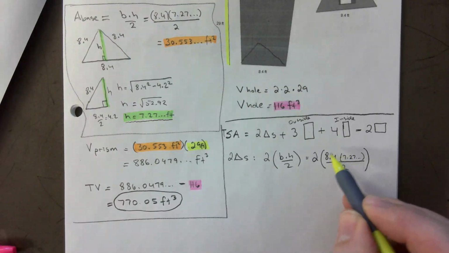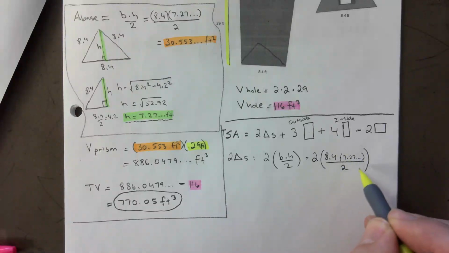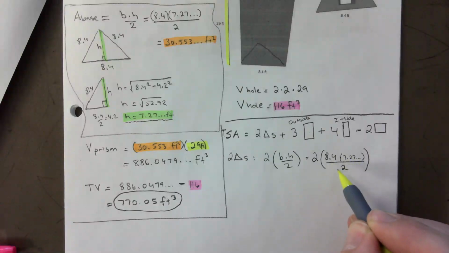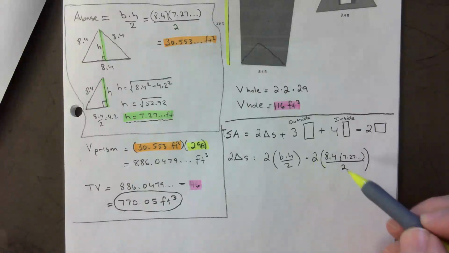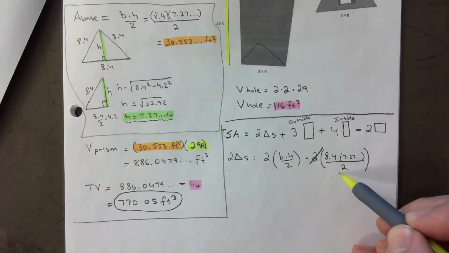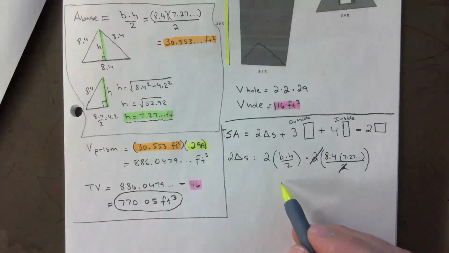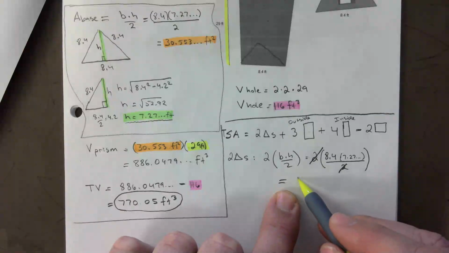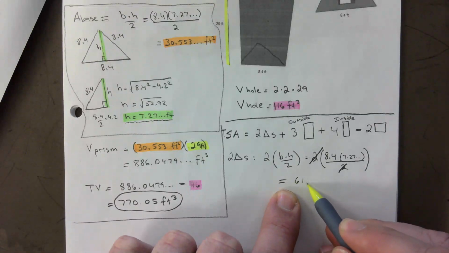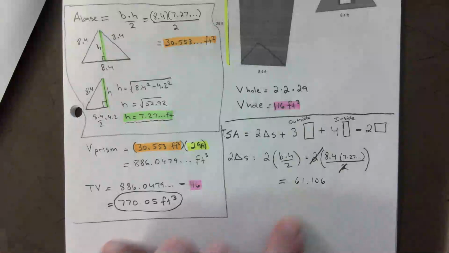Because remember, in here is the formula for area of the one triangle. You have two of them. You can either ignore the fact that there's a 2 here and a 2 there, but I like to use that if I can. So that gives me that. That ends up being 61.106. I'll actually type that in.